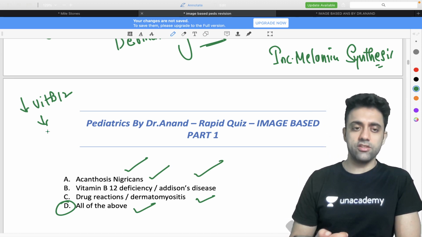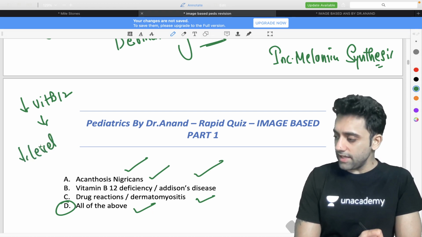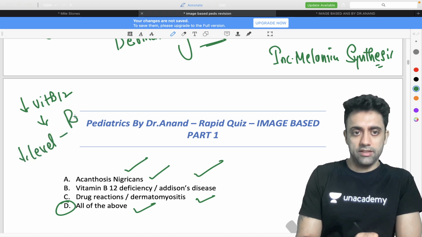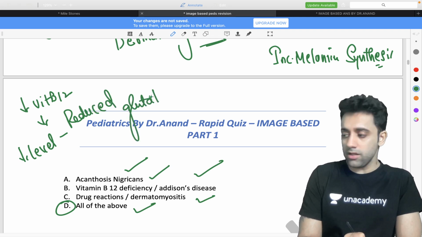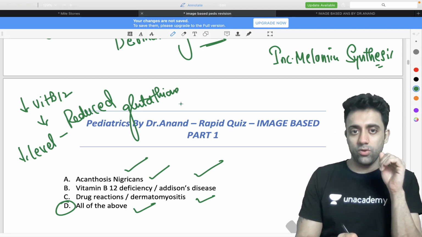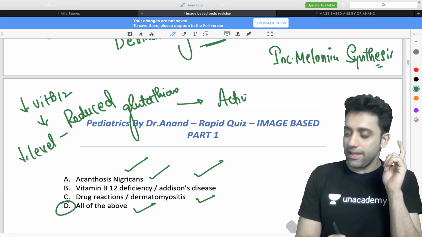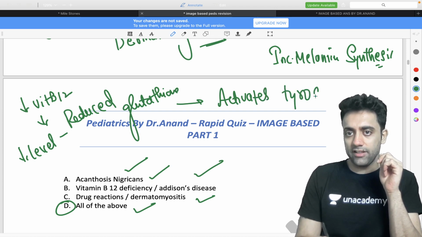Whenever there's a deficiency of vitamin B12, there will be a decreased level of reduced glutathione. And if there is a decreased level of glutathione, it will activate the tyrosinase.